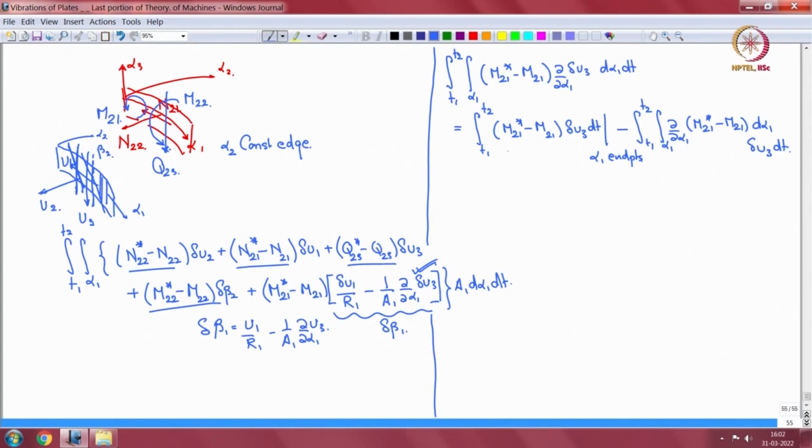Okay, so this is a term right at the corner, actually it's a corner. Okay, and this term will be 0. Based on the conditions at the boundary, this term will be 0.